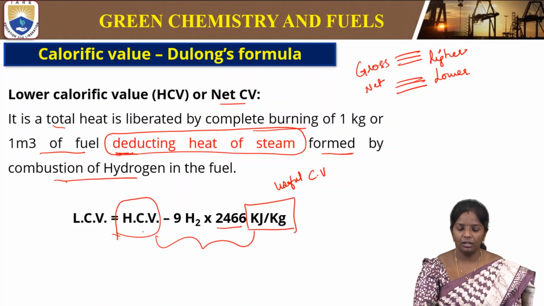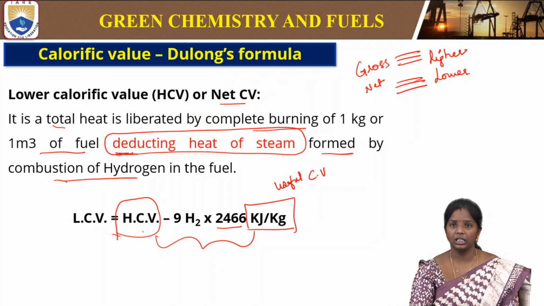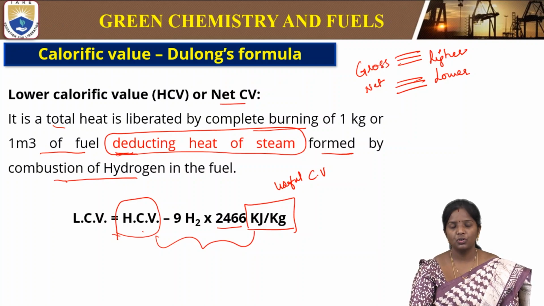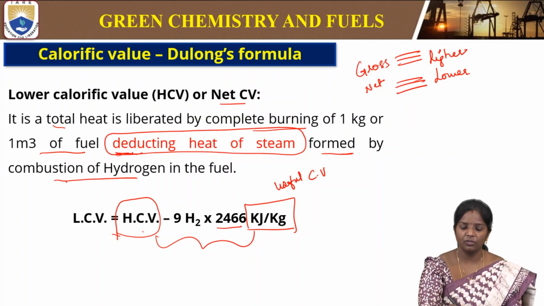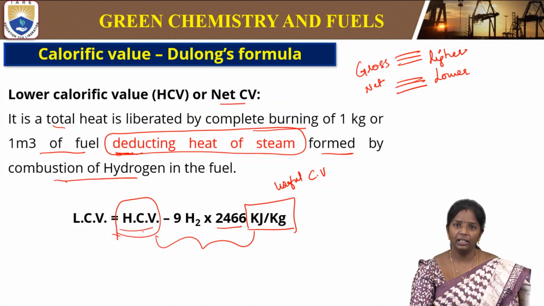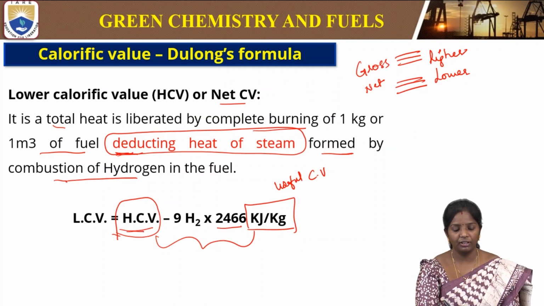So why do we have to take into consideration the higher calorific value? Because that includes the heat of steam. Whenever we want to deduct the heat of steam, we can do it from the higher calorific value. Any fuel upon burning will give the actual calorific value or the higher calorific value.